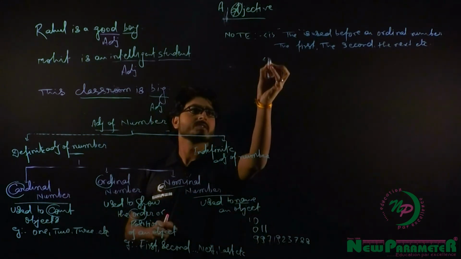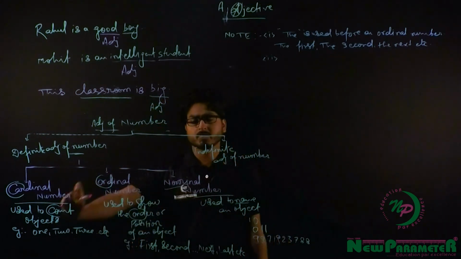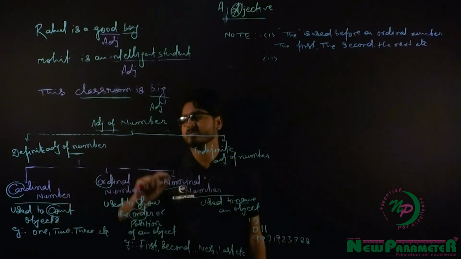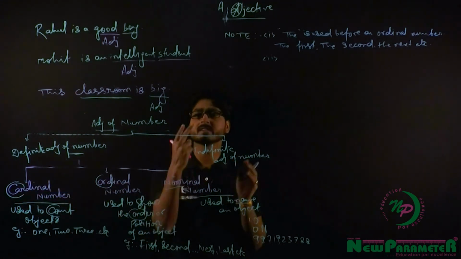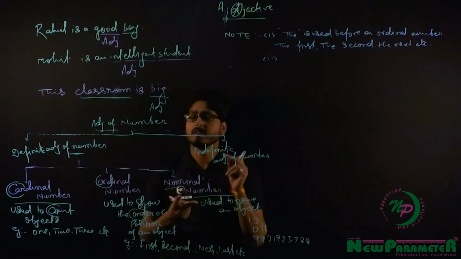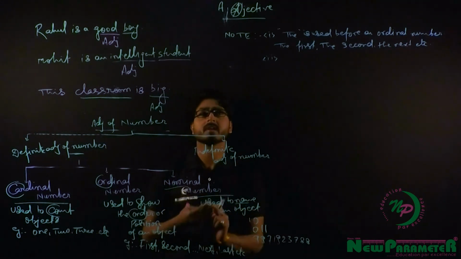The second rule is, suppose I have to show order as well as number. It means I want to show two things at a time, that is, the position of a person or thing and the number of persons or things.